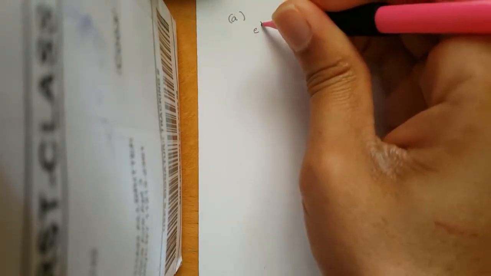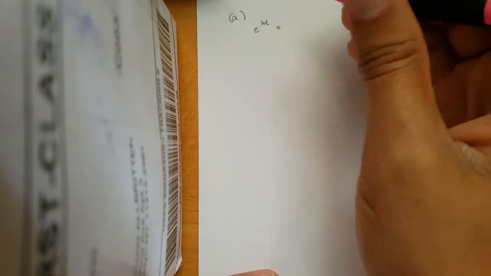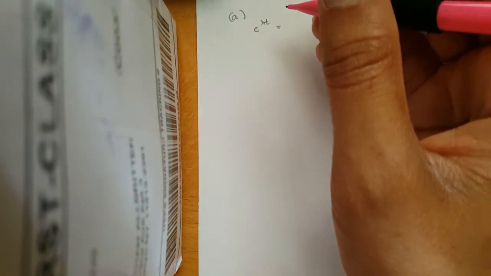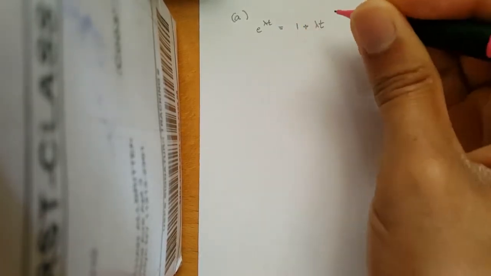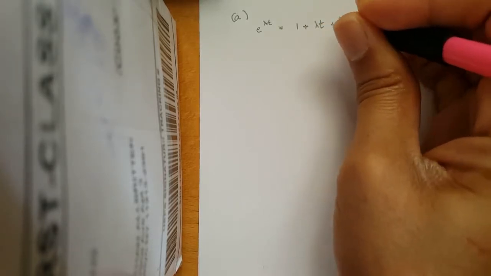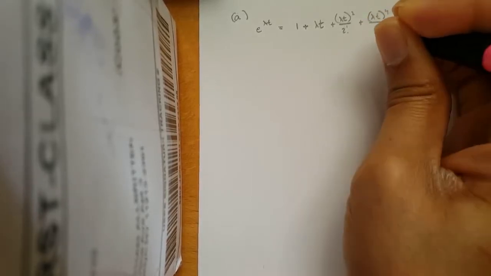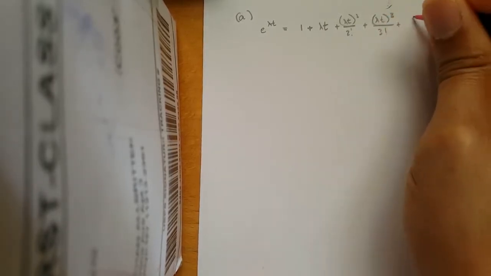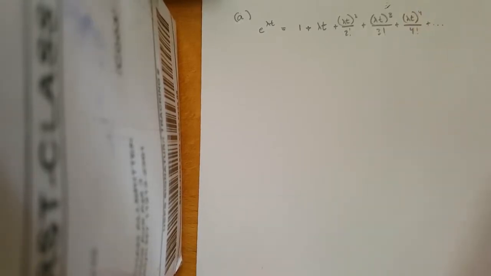So we start with e to the t. We're going to define e to the lambda t, and we're also going to find e to the negative lambda t. And it continues on.